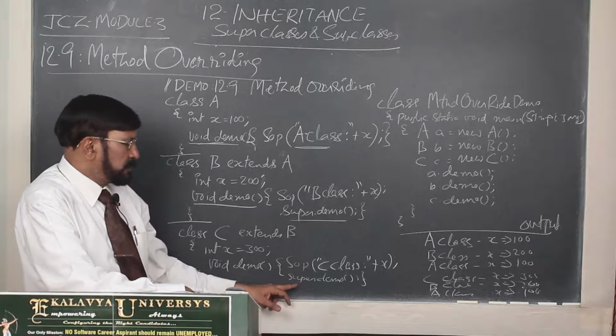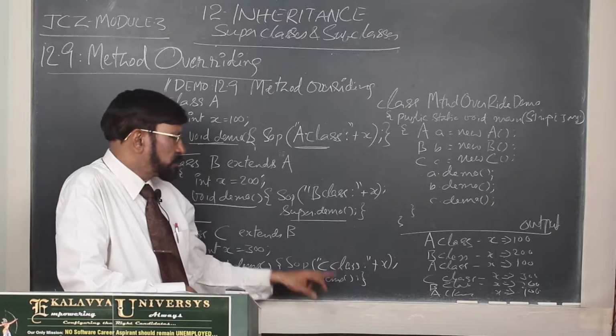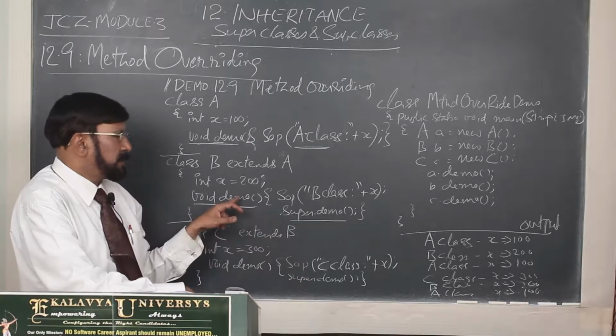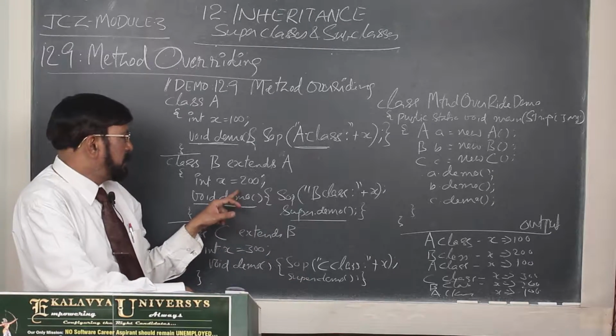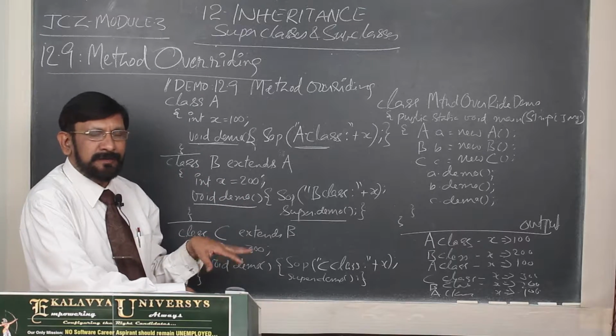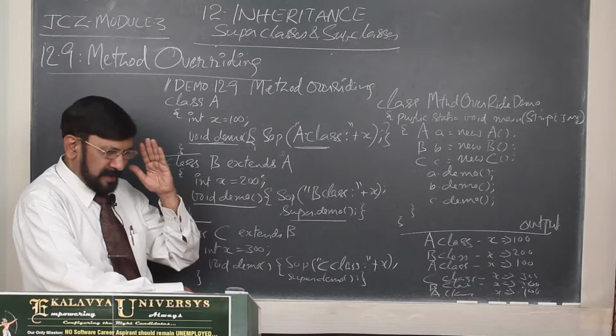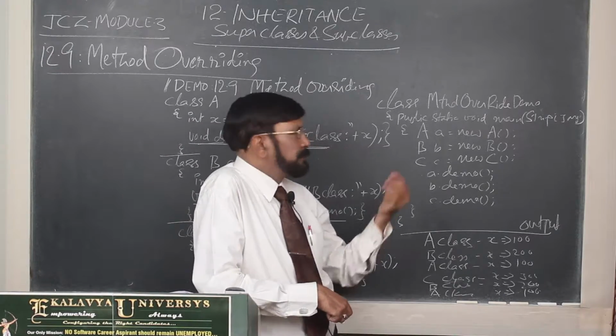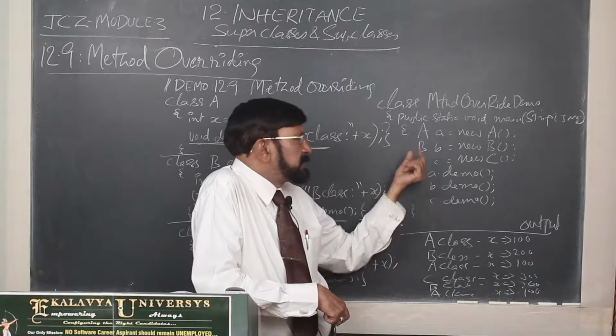Now, what I am doing: super.demo I called, that means I am calling the B class demo method. All this, understand clearly. Thereafter, you see this is the implementation class.